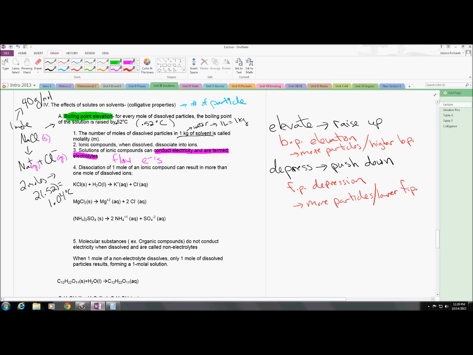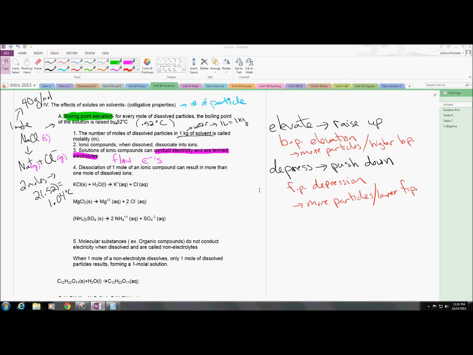The negative chlorine ions will push the negative electrons because like charges repel, and that will help the electrons flow through. So anything that's going to have areas of opposite charge in them is going to work really well as a conductor of electricity. So our ionic solutions will conduct electricity really well. They're electrolytes.